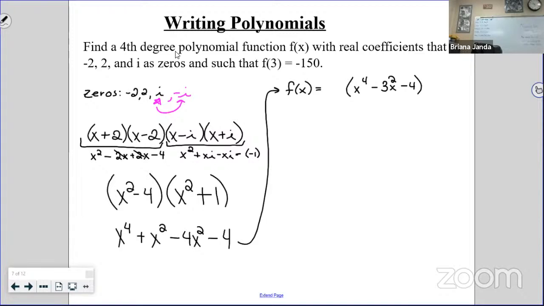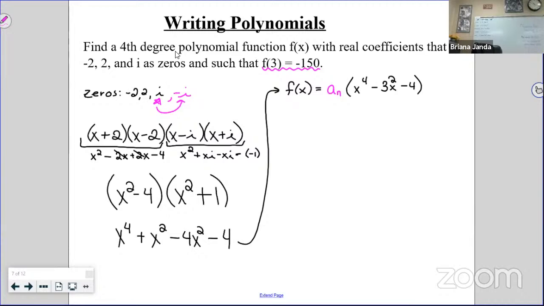Now, you notice that I kind of left a little space in there, and that is because they give us specific information. So when they give us specific information, they're saying that, yes, that's the polynomial, but it is some multiple of it, meaning that we either vertically stretched or shrank that polynomial to get this particular value at x equals 3. And so what we're going to do is figure out what that multiple is of this polynomial specifically.